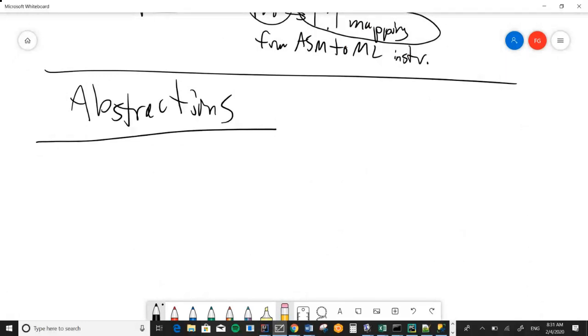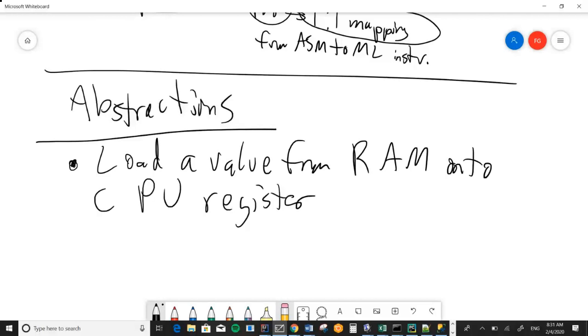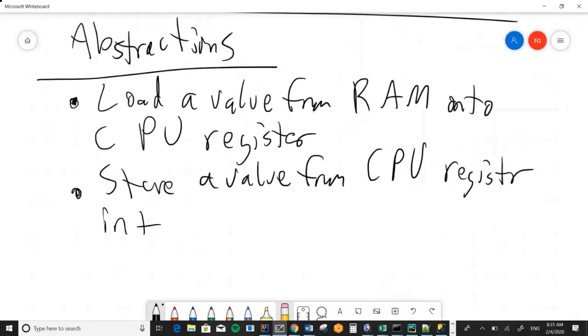So the main abstractions are going to be: load a value from RAM onto a CPU register, store a value from a CPU register into RAM.